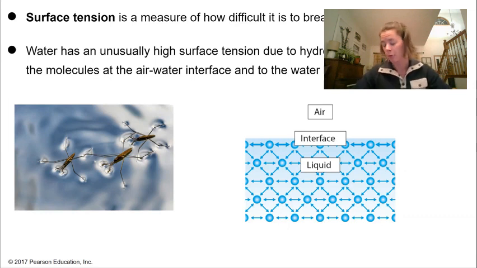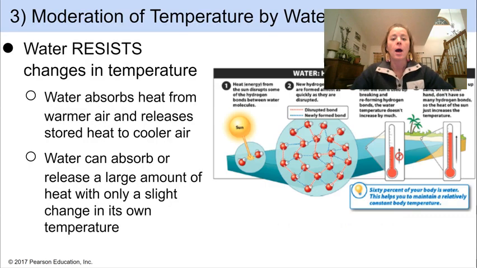Hopefully you found something other than this water bug that has some cool surface tension. I think this is probably the example that you found, but if you did find something else, I would love to hear about it.